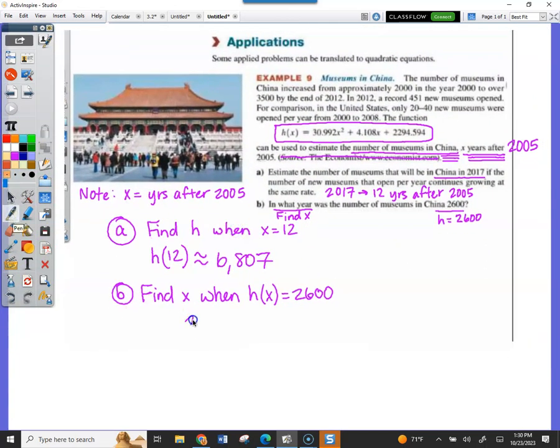All right, 2,600 equals 30.992x squared plus 4.108x plus, this is giving me a headache, right?